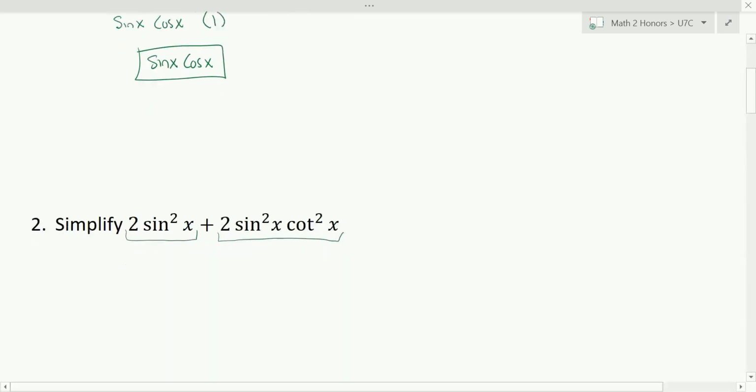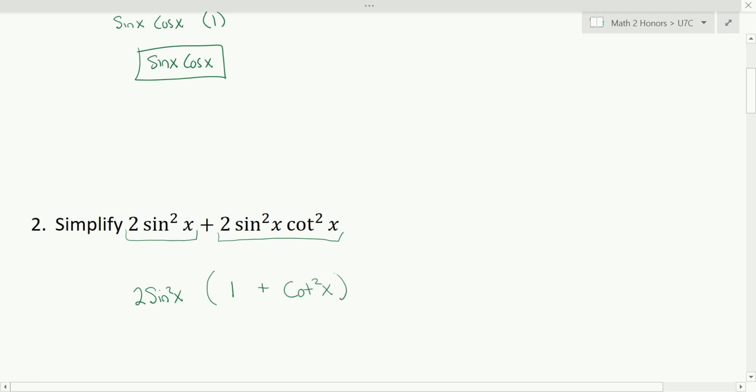A 2 and a sine squared x. So we're going to factor out the greatest common factor. And when you factor that out of the first term, what's left? 1. Make sure you put the 1 there. Plus, when you factor it out of the second term, what's left? Cotangent squared x.